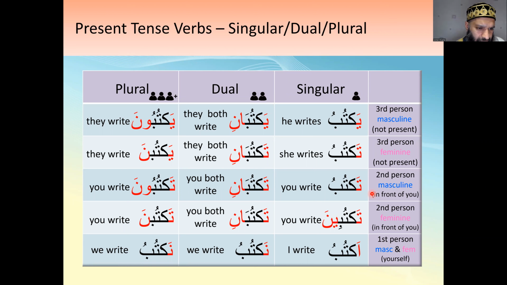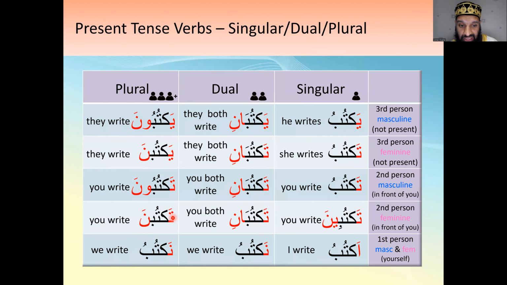Somebody's asking, how come the third person female is ya and not ta? Yeah, the female ones are just exceptions. This one here, so it just is, meaning this also carries that same rule.